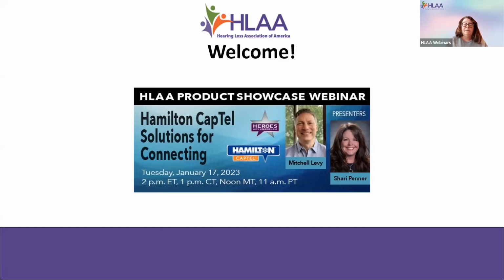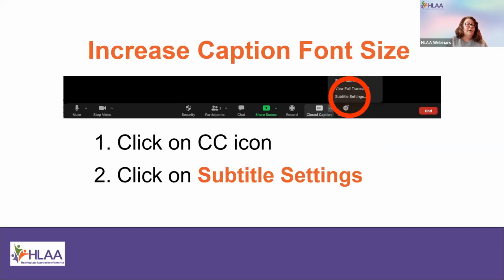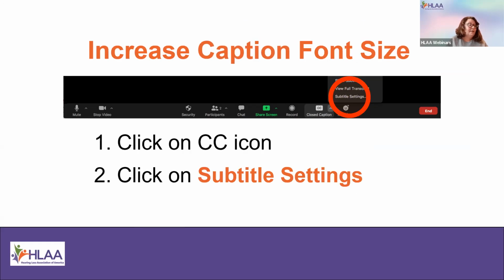I'm going to start off by giving you some tech tips. To see captions on this webinar, you'll need to click on the CC icon and click Show Subtitles. You can change the font size in the subtitles settings.